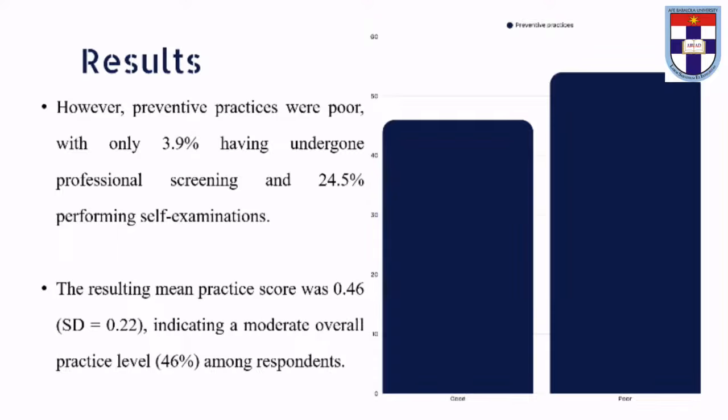Most of them do not have the knowledge about what to do to prevent these risks, to prevent the causes, sorry. Only 3.9% have undergone professional screening, and most of them do not know that there is even something like that. The resulting score was 46% level of preventive practices, mainly the usage of sunscreen, wearing sun protection, wearing long clothes, long sleeves, staying in shade during sunny days.